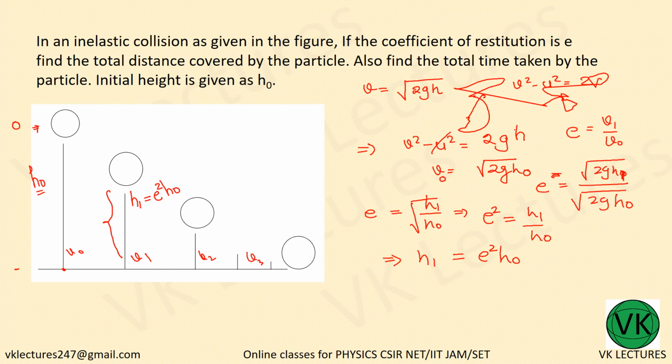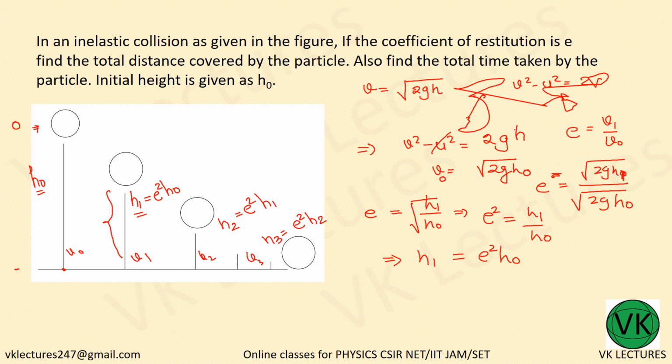Now can you tell me what will be equal to h2 in terms of h1? It will be equal to e square h1. Here you will get h3, which is equal to e square h2. Any doubt here, anybody?